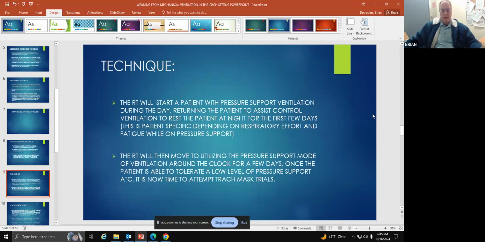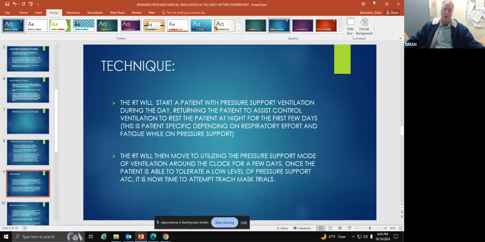This technique, the very first one that I just talked about, is very patient specific, depending on their respiratory effort and fatigue while they're on the pressure support. Sometimes they can't tolerate the pressure support all day. Sometimes they can only tolerate it a couple of hours. It's all patient effort driven. So we look at that.